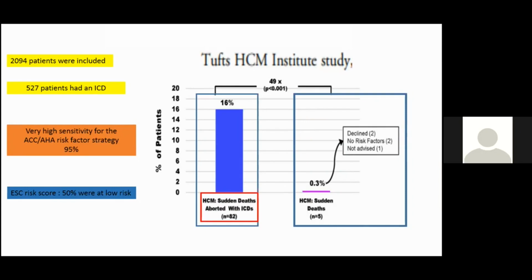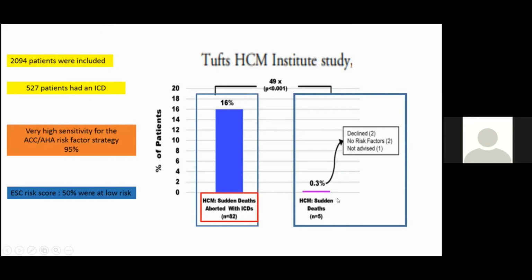So 527 patients had an ICD. After a period of follow-up, 82 of the 527 patients who were implanted with an ICD have had life-saving ICD shocks.